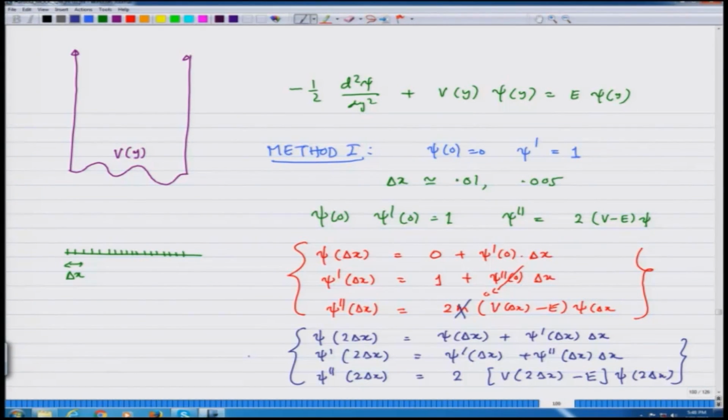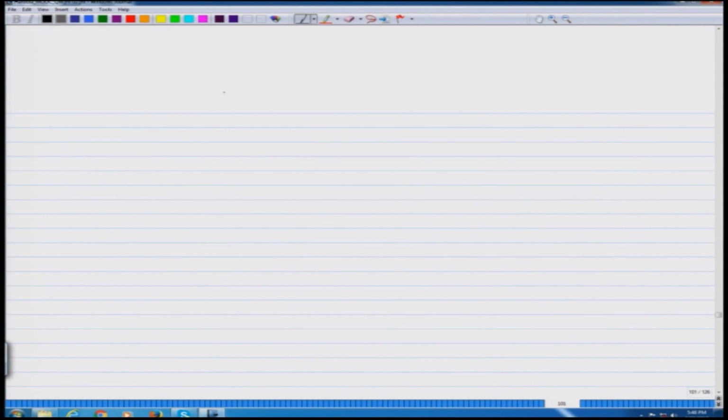So, in general what I am doing is I am writing psi at the (i plus 1)th point to be equal to psi at i plus psi prime at i times delta x.